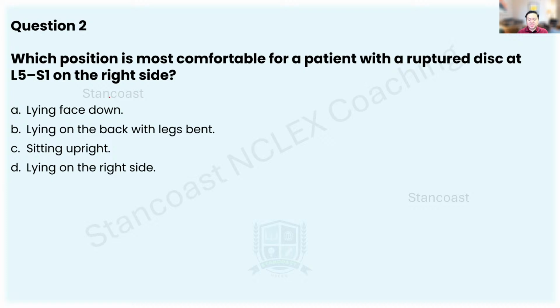Which position is most comfortable for a patient with a ruptured disc at L5, S1 on the right side? Which position is most comfortable for a patient with a ruptured disc at lumbar 5 to sacral 1 levels onto the right side? Is it A, lying face down? Is it B, lying on the back with legs bent? Is it C, sitting upright?